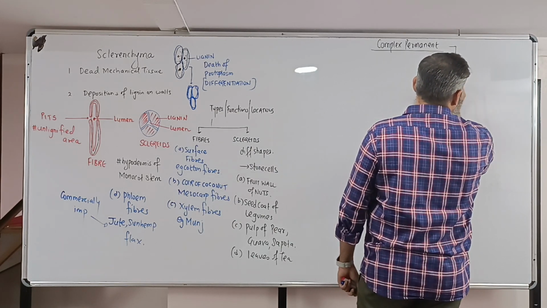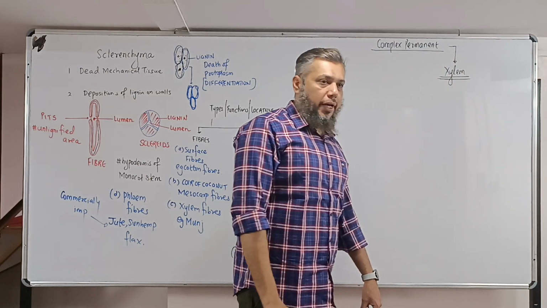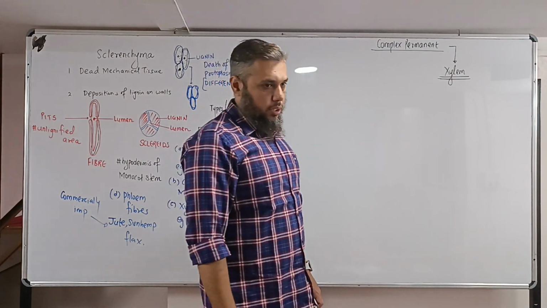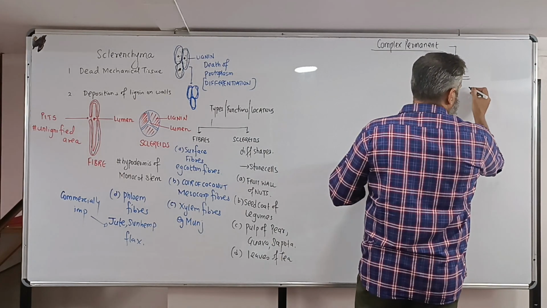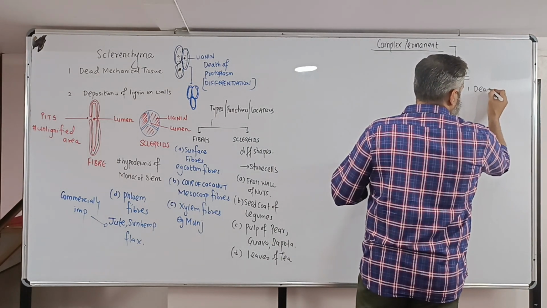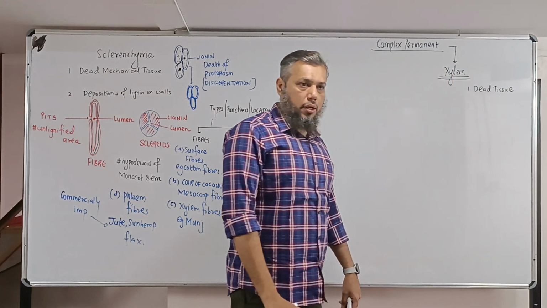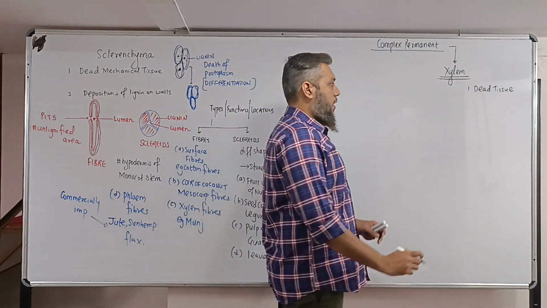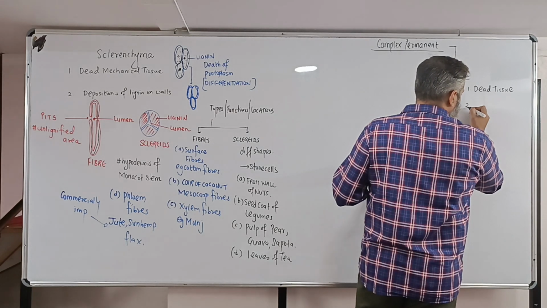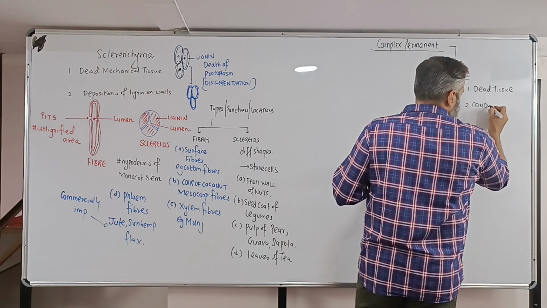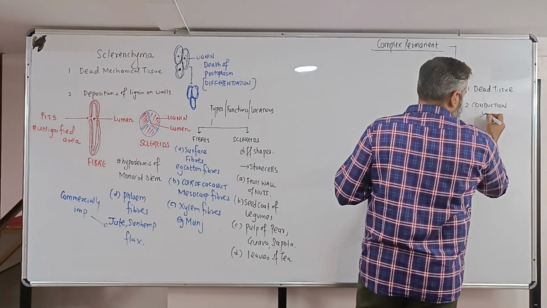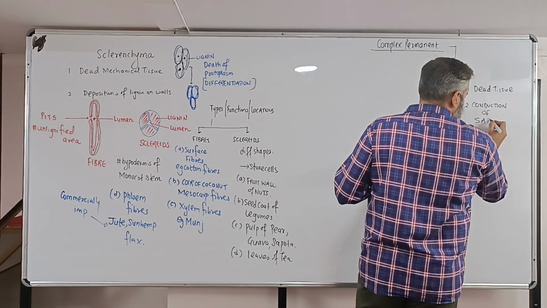Xylem is considered as a living tissue or a dead tissue, kids? Xylem is considered as a dead tissue. And what is the main function of the xylem? It helps in the conduction of sap.